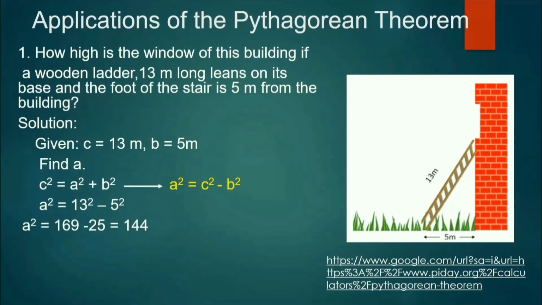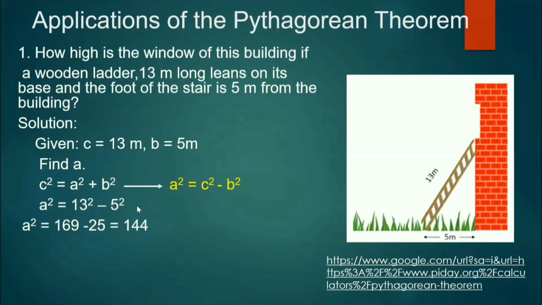Given C is equal to 13 meters and B is equal to 5 meters, then find A. C squared is equal to A squared plus B squared can be manipulated, and the resulting equation is A squared is equal to C squared minus B squared.